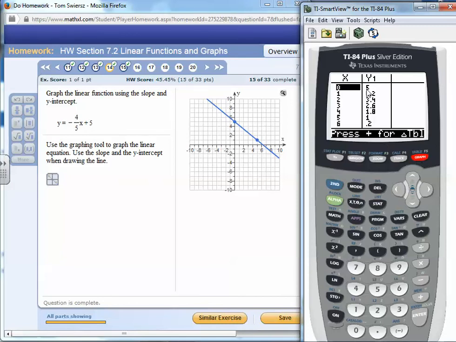And again, there's our 0, 5, and then if we scroll down to get two whole numbers, 5, 1 is our second point right there. Over 5, down 4, same two points we got by using the intercept and the slope, okay? Those are the exact two points. There's your 0, 5, and there's your 5, 1, okay?